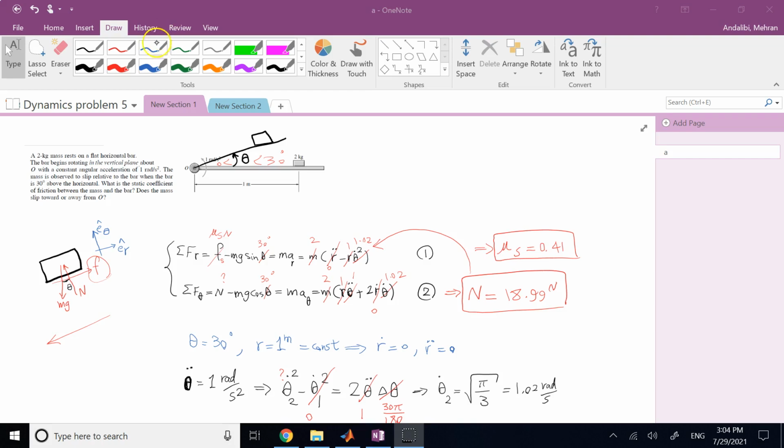And why is that? Because if you look at the beginning of the motion, when you just start to move from 0 degrees, your theta double dot is 1.